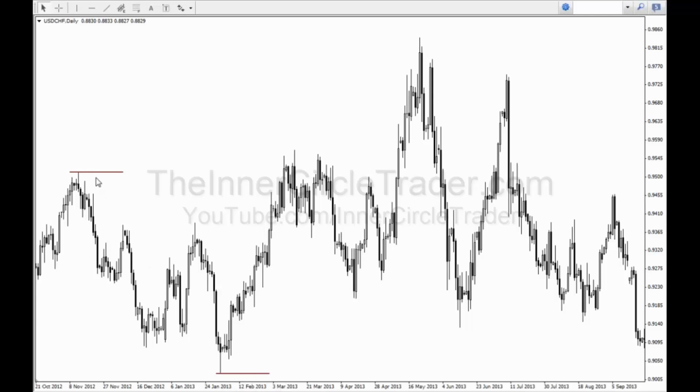The likelihood of price moving out and continuing to move higher is rather low. The way I interpret it, and you can go with this if you want, is that we have 70% odds that this market is going to have a very difficult time breaking out to run to new highs.